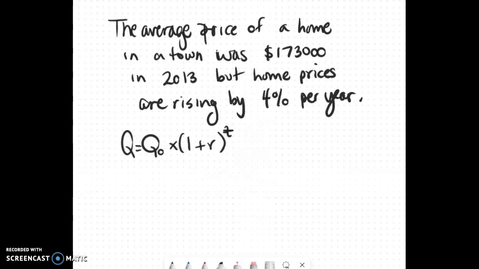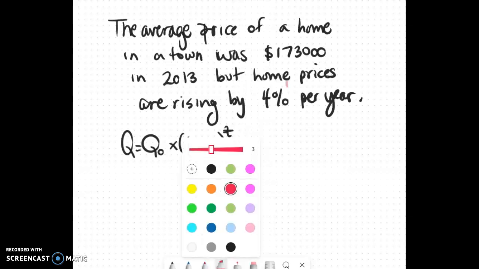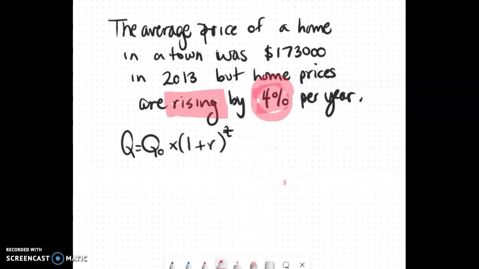So why do I know without even having that phrase in part A that this is exponential? How I know it's exponential is by looking at this. Rising and increasing are similar words in the English language to mean an increase over time. They're rising by 4% per year.